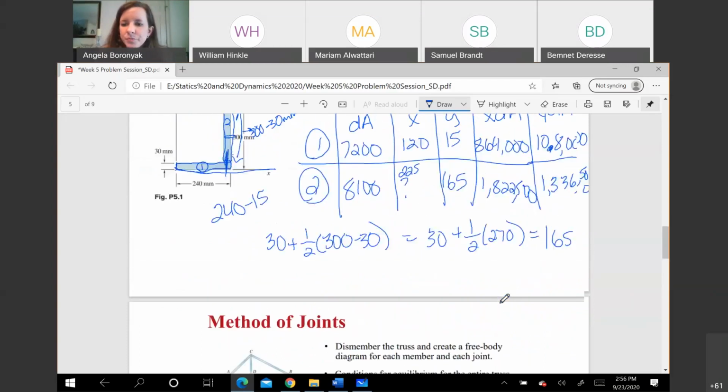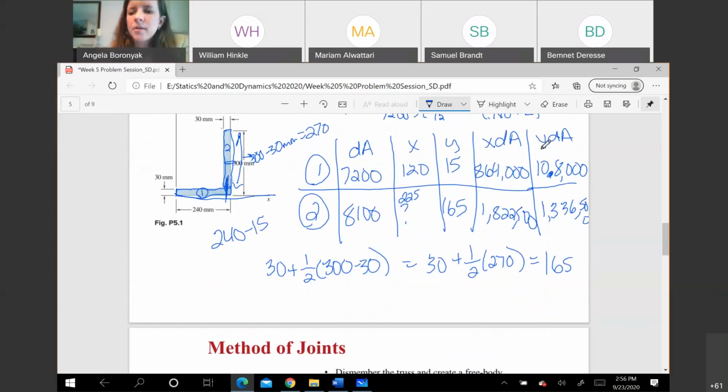So now what do I want to do? Now that I know x dA and I know y dA, what do I want to do to try to get x bar, my total x center for this part? Yeah, I take the sum of x dA together and divide by the sum of this column, the sum of my areas. So see if you can do that. Take that Echo 360 question, but you can type your answer in the chat.